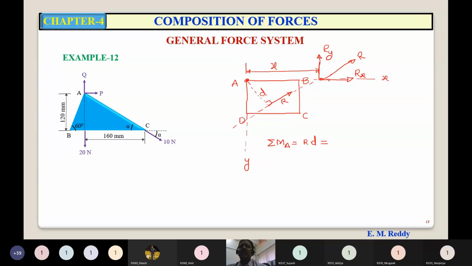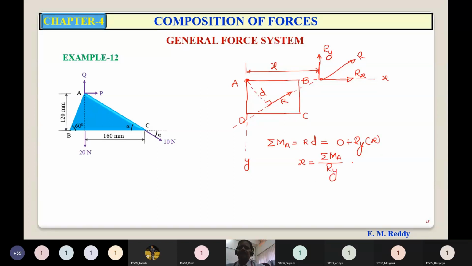Rx and Ry are the x and y components of R. So the sum of the moments of Rx and Ry about A is nothing but the moment of R about A. Now what is the moment of Rx about point A? 0, because the line of action is passing through it. Now the moment of Ry about A is Ry into X, so it is plus Ry into X. So this equation will give you X is equal to summation MA upon Ry.